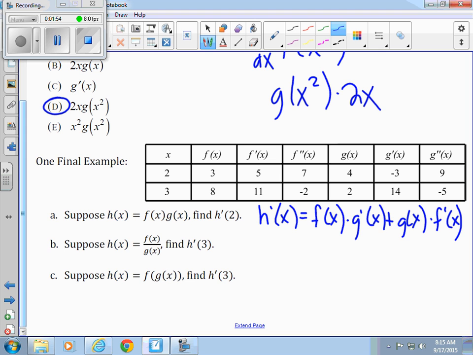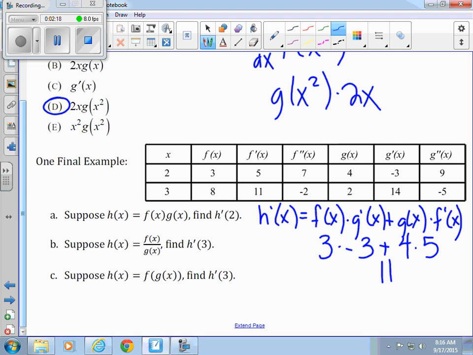So f of 2 is 3. g prime of 2 is negative 3. g of 2 is 4. f prime of 2 is 5. So I get negative 9 plus 20, or 11. So that's part A.